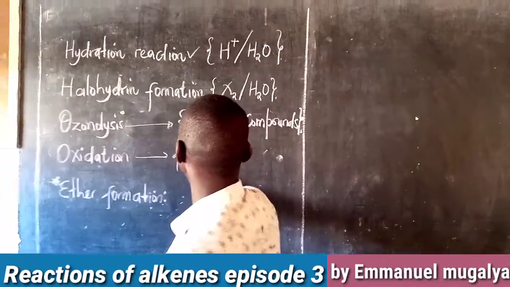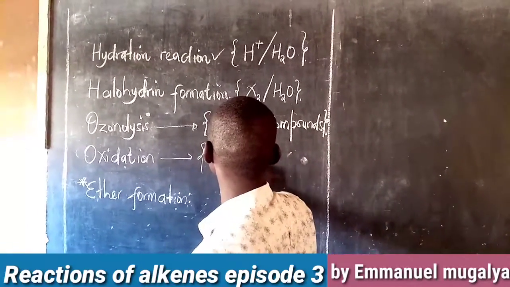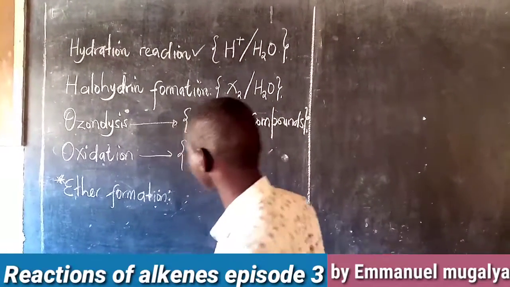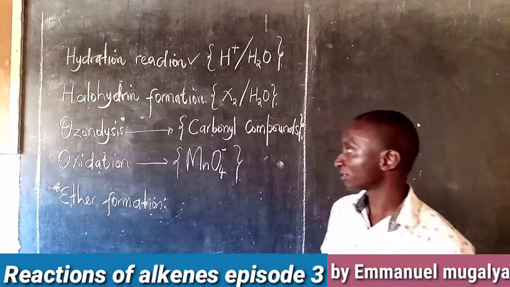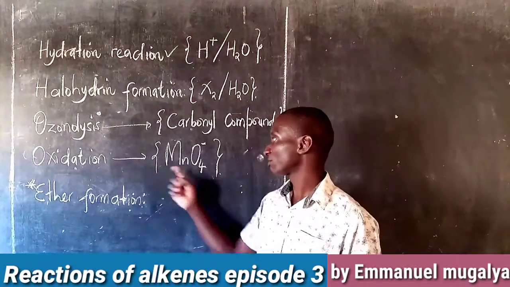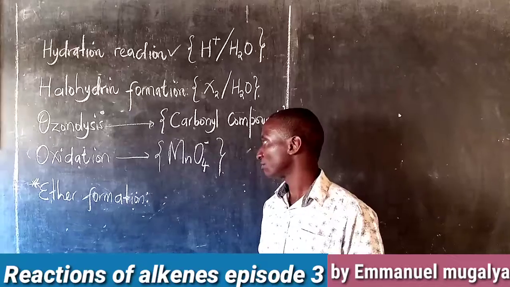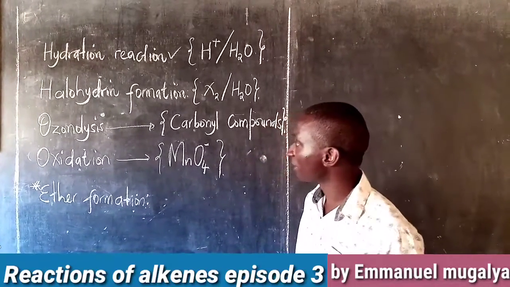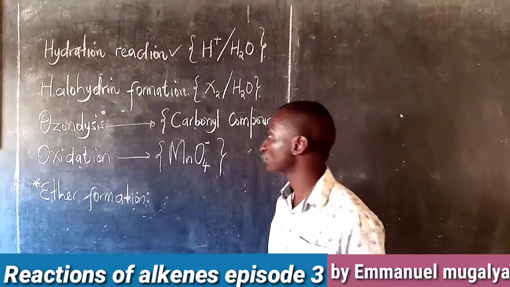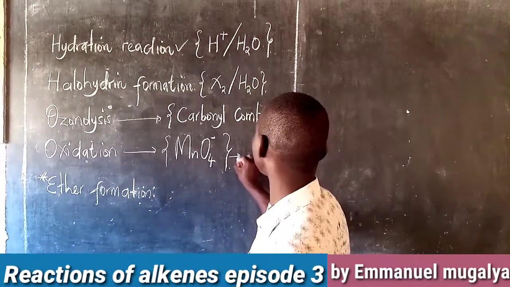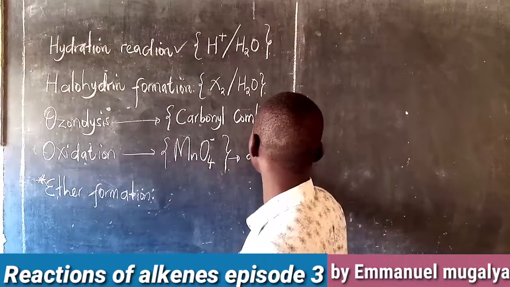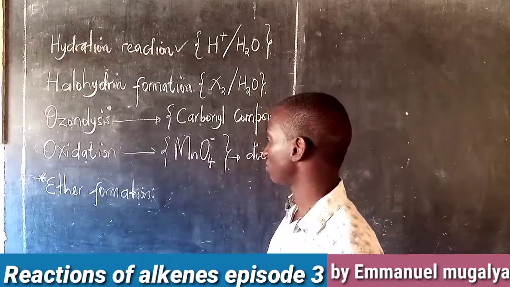Oxidation: we shall specifically talk about a key oxidizing agent, which is manganate(VII), for example potassium permanganate in a particular medium. What does it give us? This one always gives us diols. That reaction gives us diols.